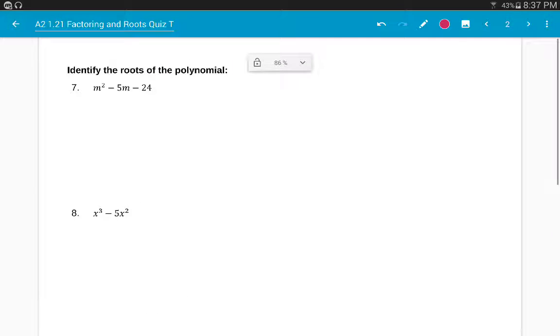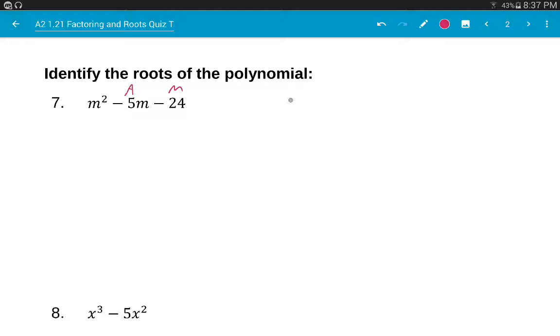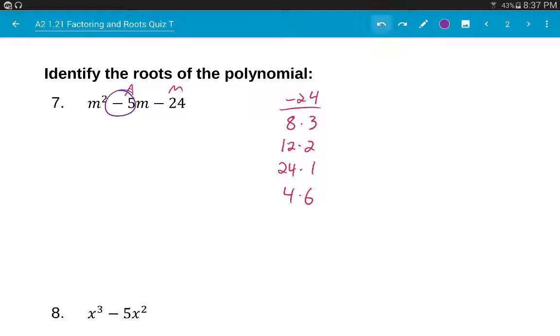Identify the roots of the polynomial. My favorite way to do that is to try to do A&M factoring first. I always prefer to factor and then t-chart if I can, so let's see if that's possible. Things that multiply to negative 24. It's going to be 8 and 3, 12 and 2, 24 and 1, and 4 and 6. Now, because this term is negative, they've got to add to a negative.